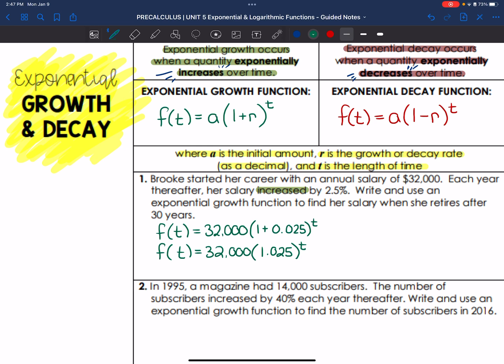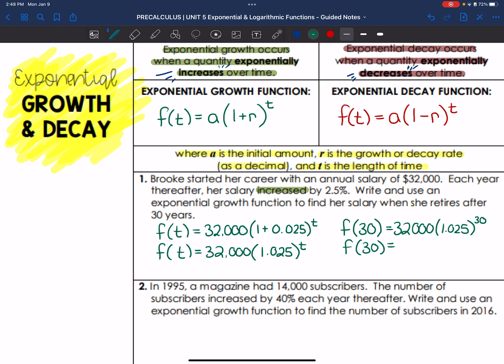Now, let's go ahead and find what her salary will be when she retires after 30 years. So that means our function with respect to a time of 30. So we'll take her initial salary, the rate at which her salary is increasing each year, and it's going to be raised to the power 30 because that represents time. And what is that going to be?